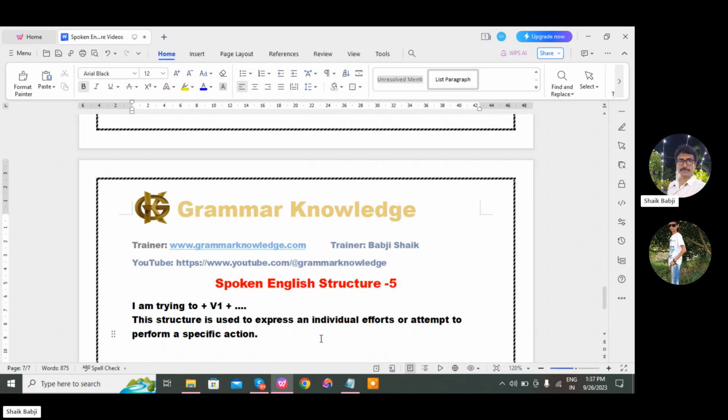Whatever you are trying to do or trying to say, it can be expressed with this structure.